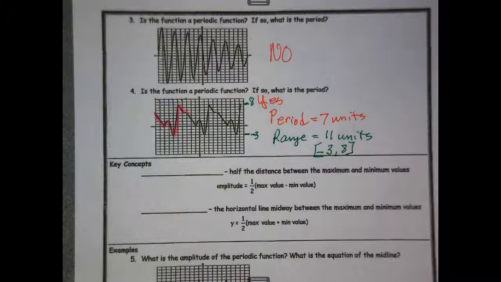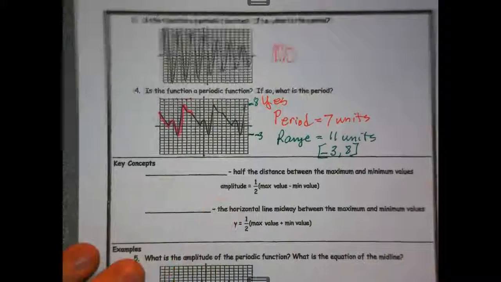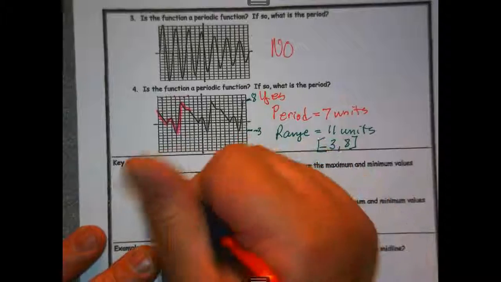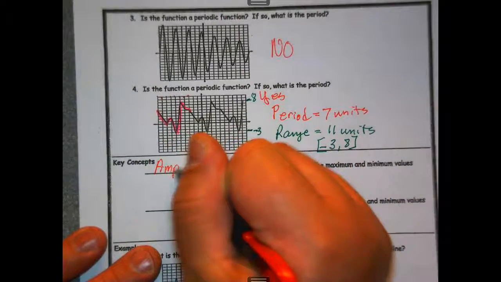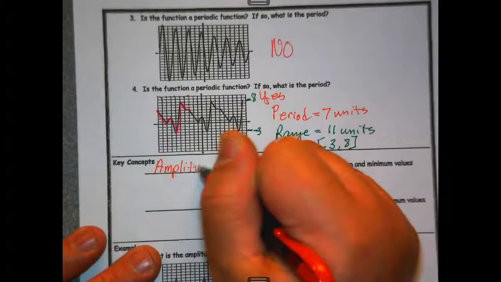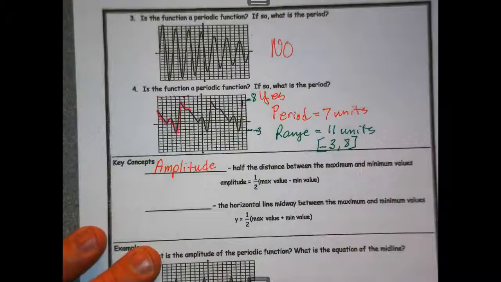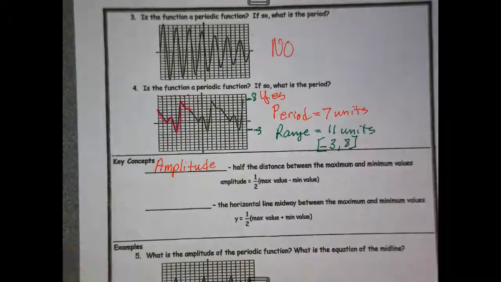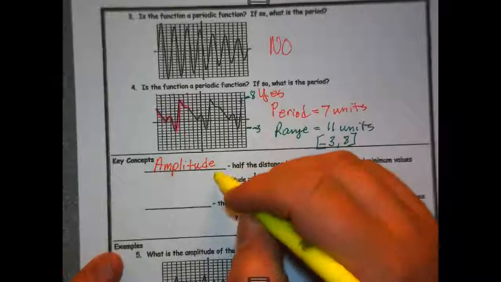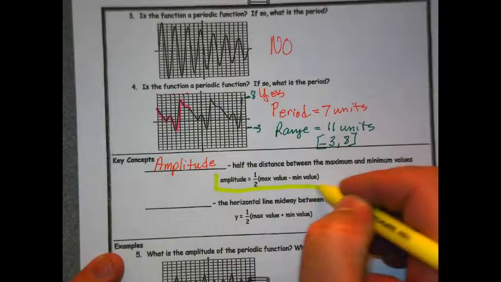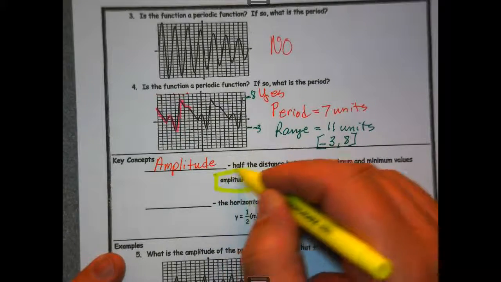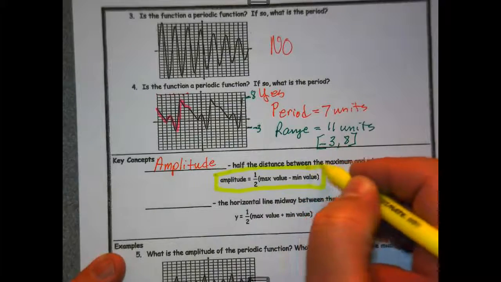Blank is half the distance between the max and min values. Hey, look, it's the amplitude. And we have a formula for this. The amplitude equals 1/2 times the max minus min.